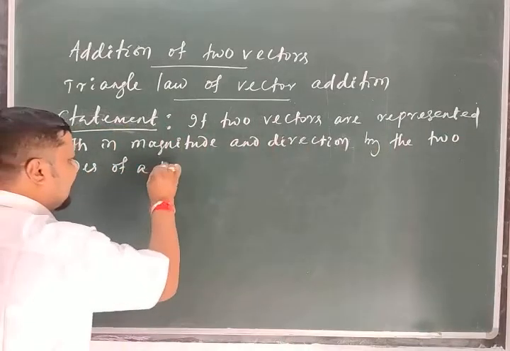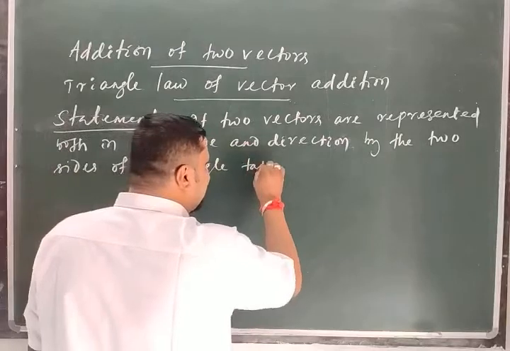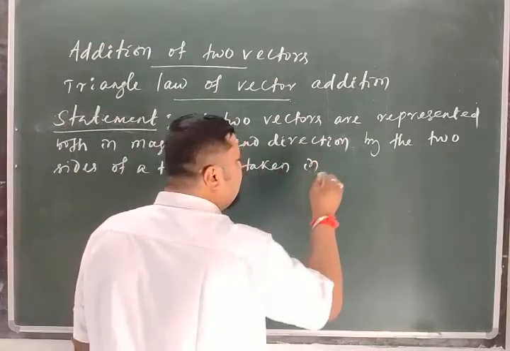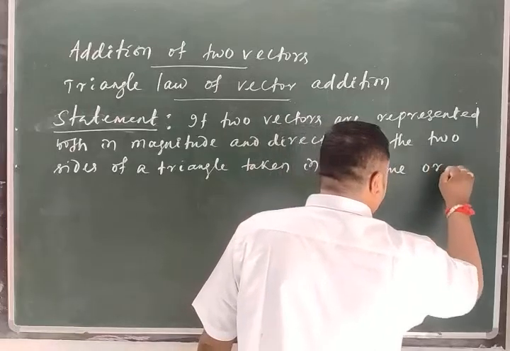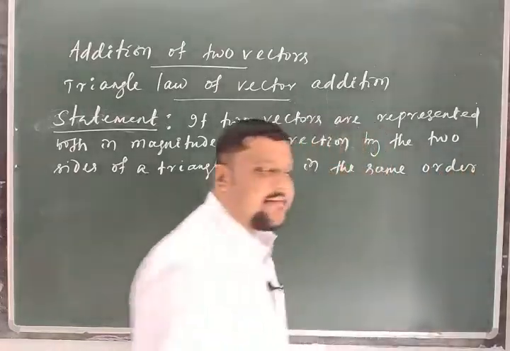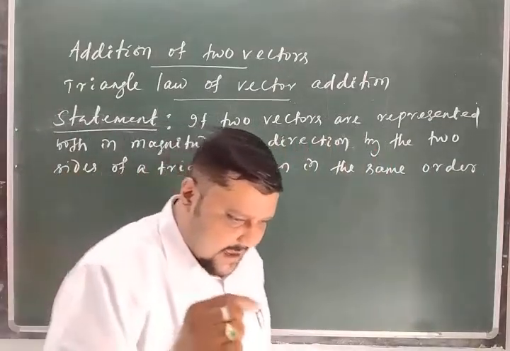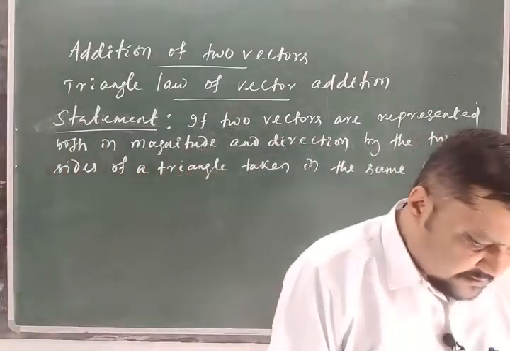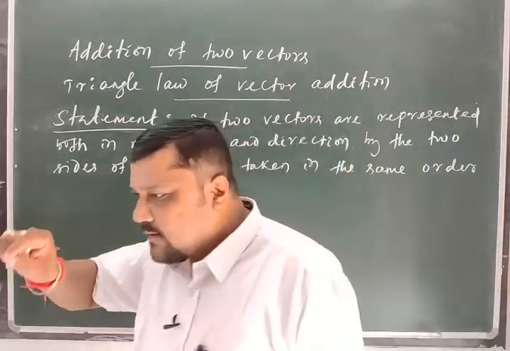of a triangle, taken in the same order. What does same order mean? Remember, same order means the head of one vector and the tail of the other vector coincide.